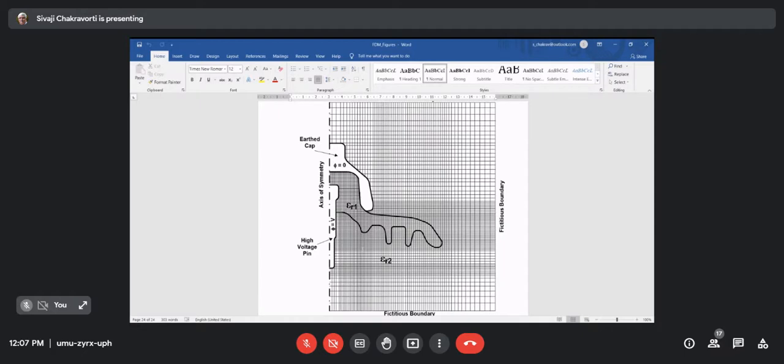Then I will go for another important aspect I have not explained. I will explain that everything is not two-dimensional. Two-dimensional means field is varying with two coordinates in Cartesian. But you know there are other coordinate systems, cylindrical coordinate system, spherical coordinate system.